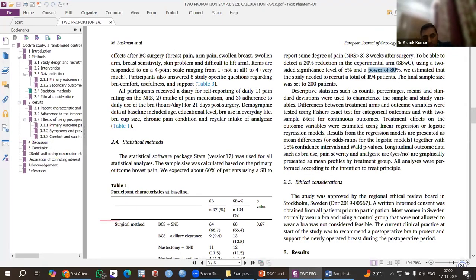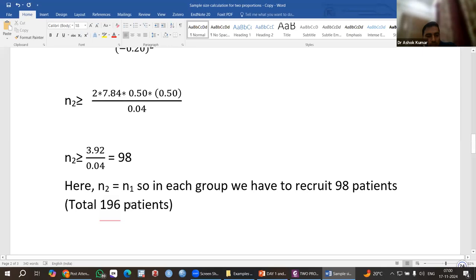So we are more than 194. There might be a difference of 2 or 4 or 5 in calculation, maybe plus or minus. So we are very happy that it is coming 196, sorry. So they have taken 200 patients.